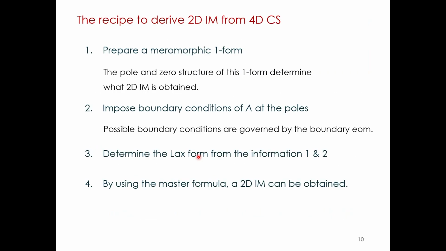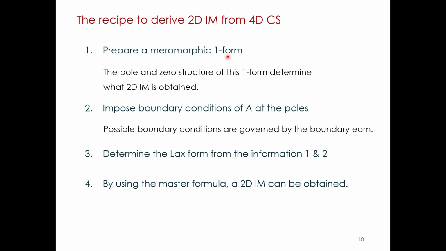Okay, so then let me provide the recipe to derive two-dimensional integrable models from four-dimensional Chern-Simons theory. First of all, we need to prepare a meromorphic one-form. The pole and zero structures of this meromorphic one-form are very important to determine which two-dimensional integrable model is obtained. So the choice of meromorphic one-form is crucial.